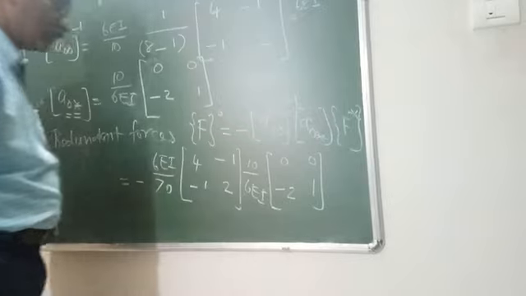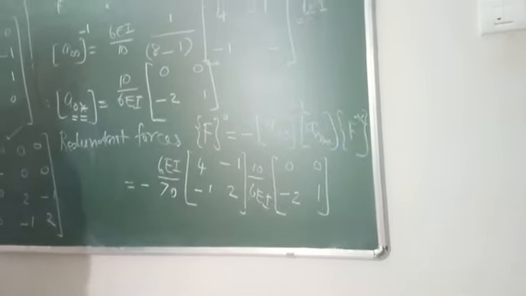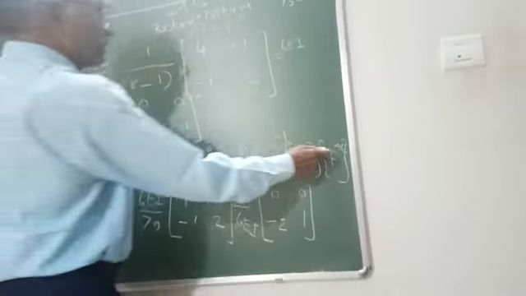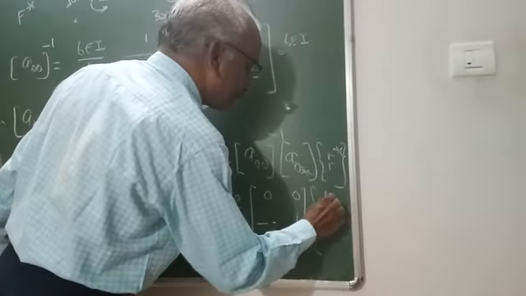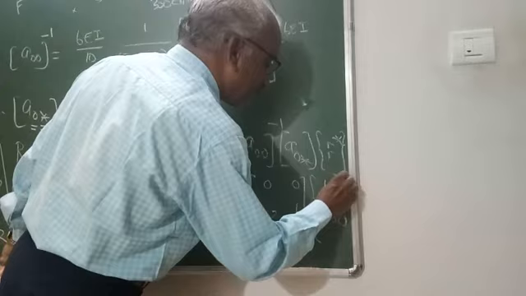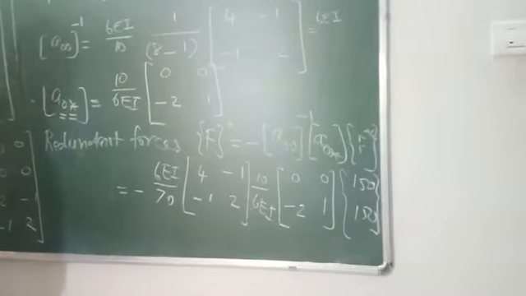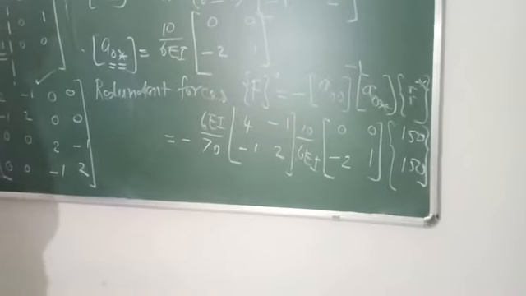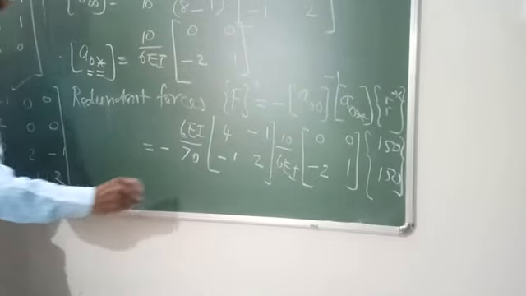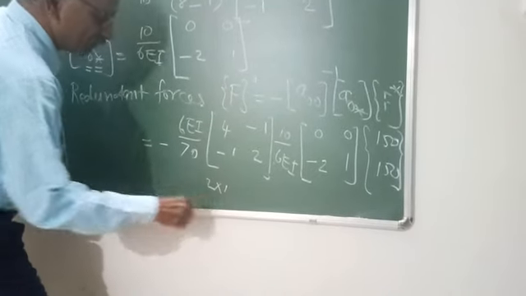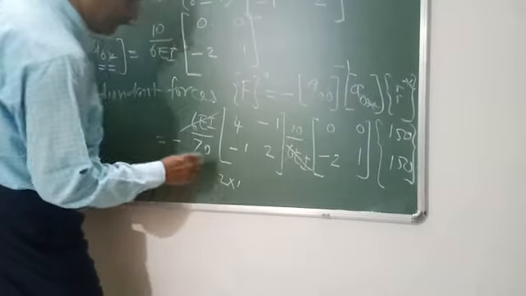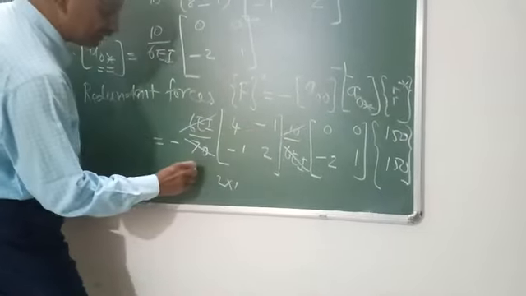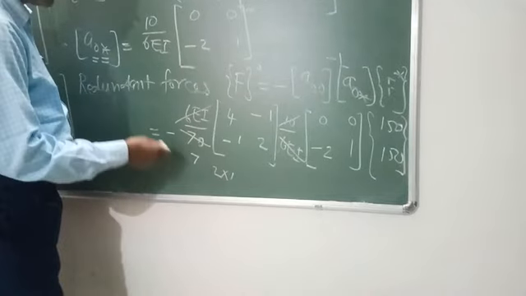Then this is A naught star into F star. F star is 150, 150. So this is the equation for the final force. This 6EI will get cancelled, and this will give 7.